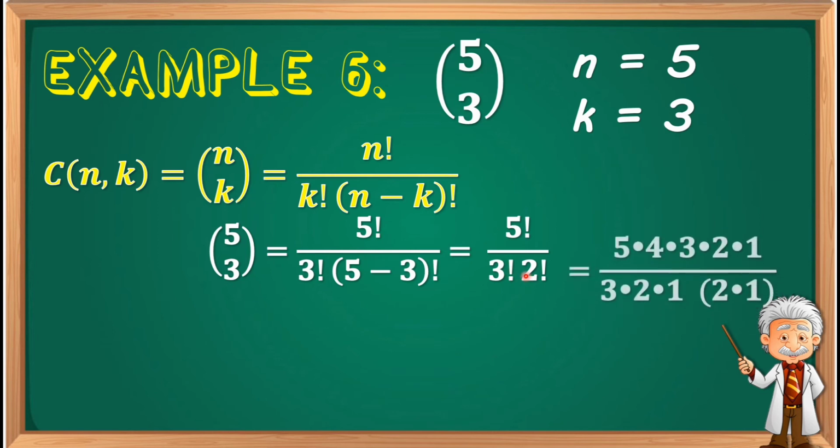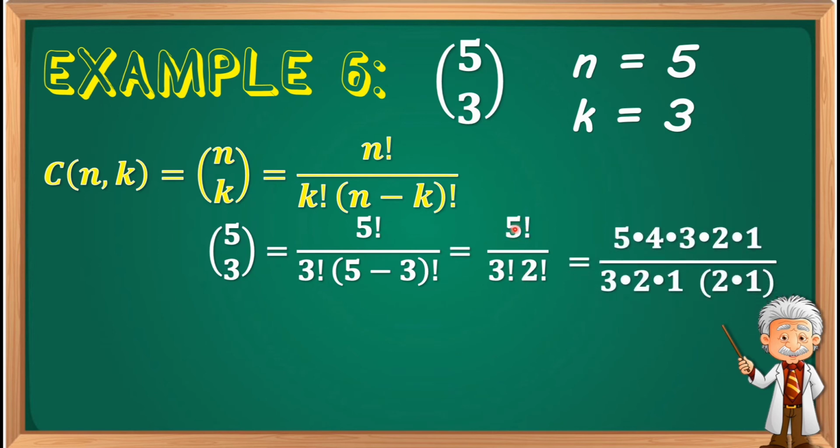There. So 5 factorial is also equivalent to 5 times 4 times 3 times 2 times 1. Kahit magkapaligtad yan, 1 times 2 times 3 times 4 times 5, okay lang. So anyway, multiplication is commutative.